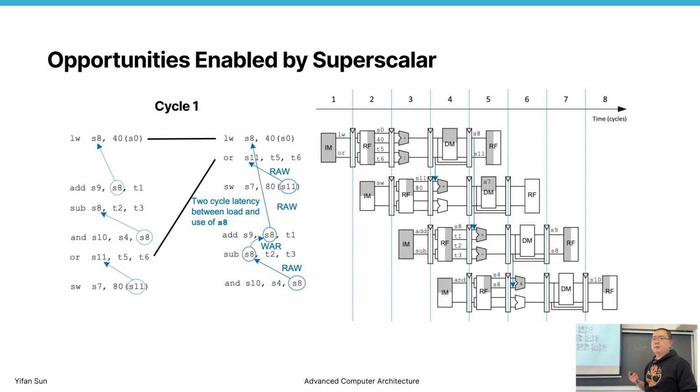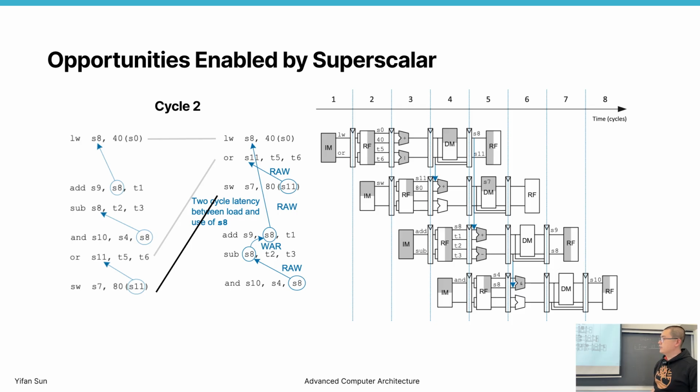We have to add a bubble, a one cycle stall. So this one can only execute in the third cycle. But in this cycle, we can already execute this one because there's no real dependency. We can do forwarding to get this value, because it's an execution stage dependency.